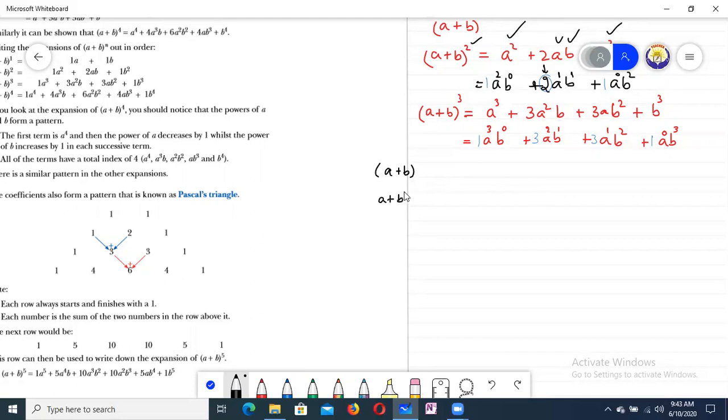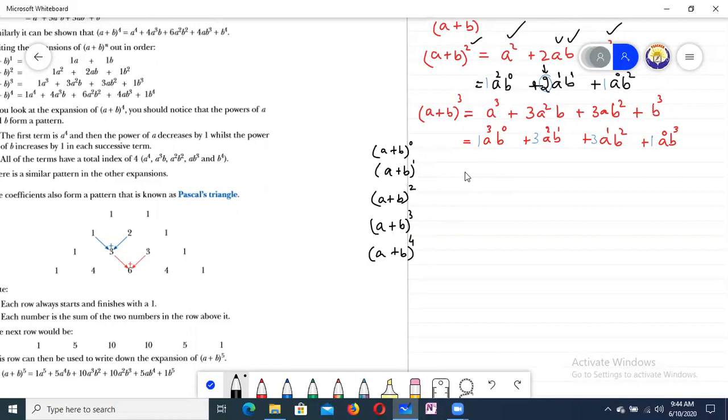Then a plus b whole square, then a plus b whole cube, and a plus b raised to the power 4; up to this we are writing here. Here we can start from a plus b raised to the power 0.